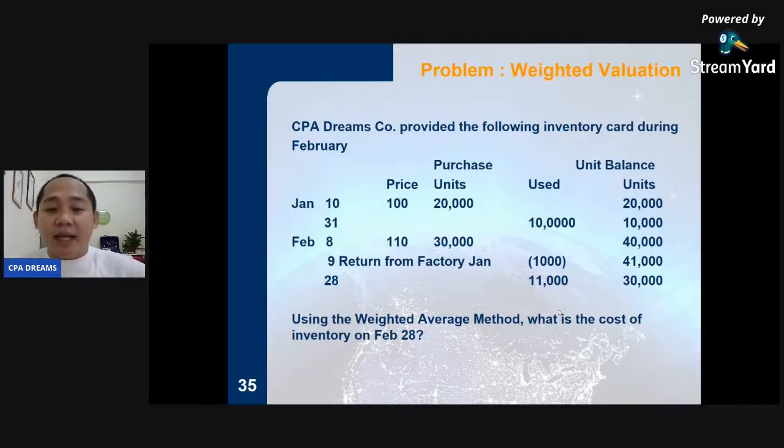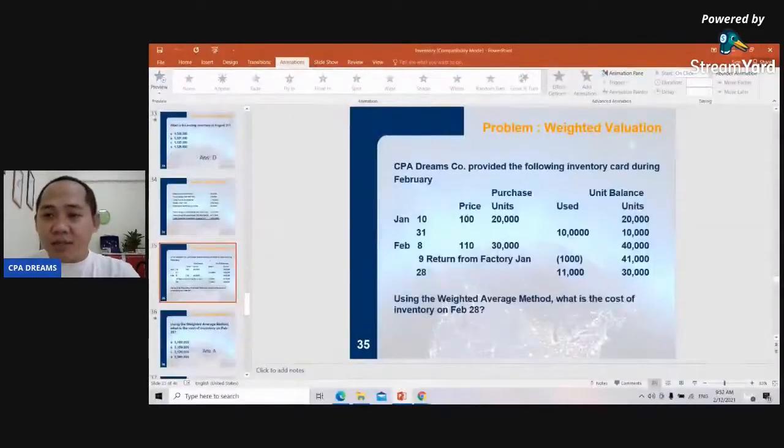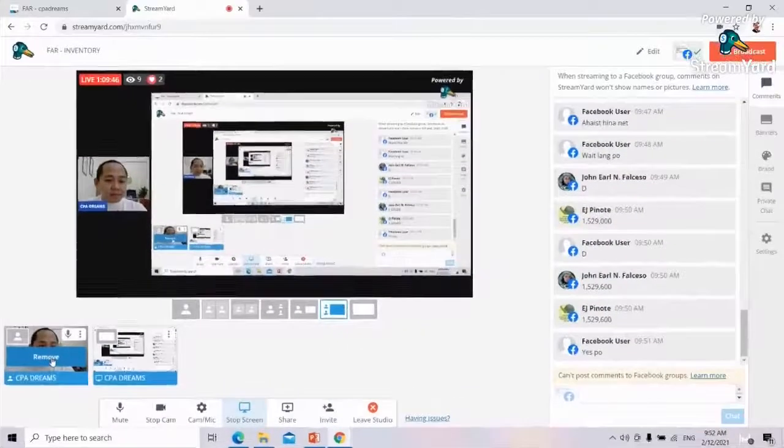And then sa February 8, meron kang 30,000 units purchase. Ginamit mo sa 28 is 11,000. Nag-return ka sa factory ng 1,000. So using the weighted average method, what is the cost of inventory on February 28? Madali lang to. I'll give you 1 minute ulit to answer.